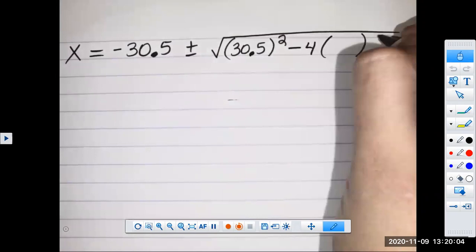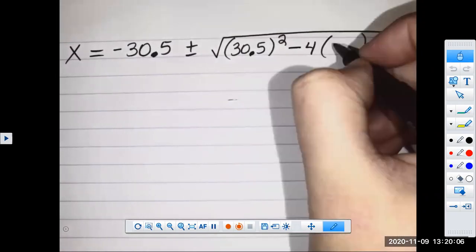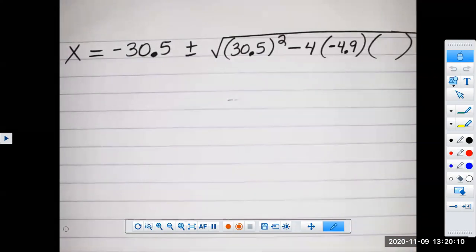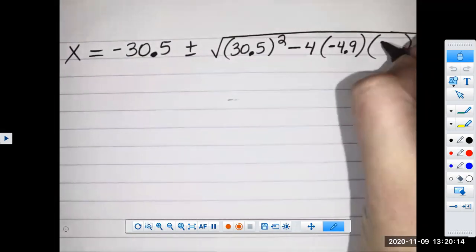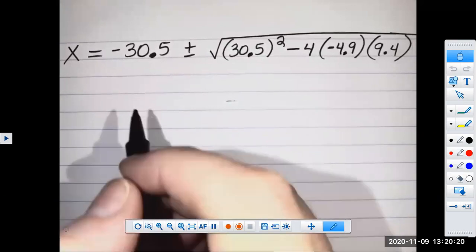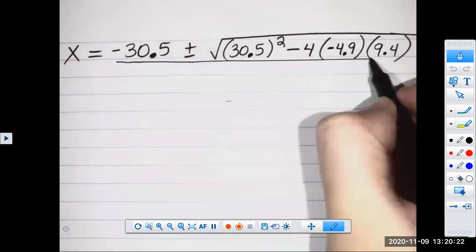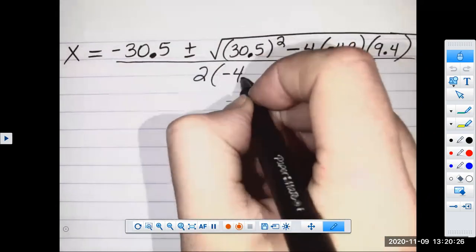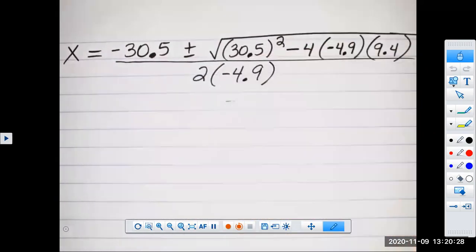What was a? Negative 4.9. And c was 9.4. Okay, all of that divided by 2 times negative 4.9.